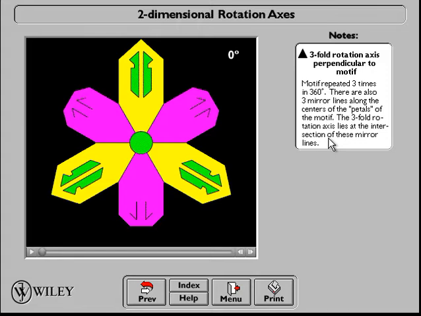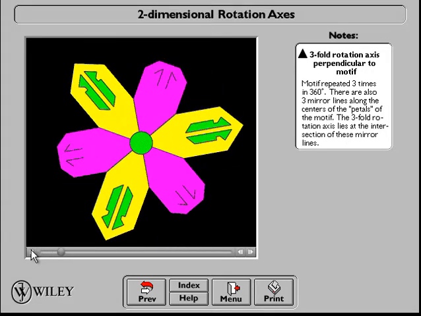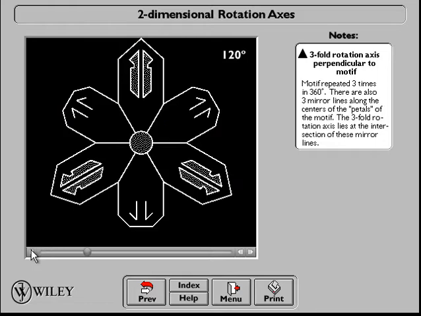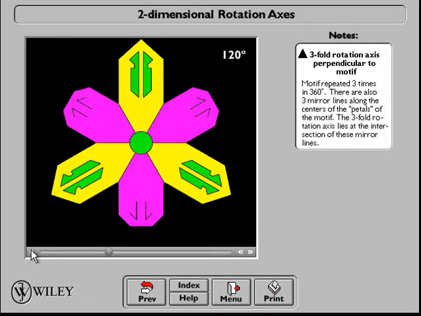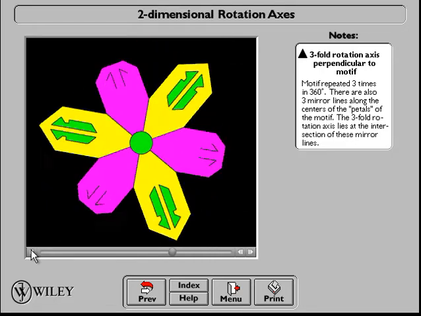So now we can repeat the whole example 3 times in 360 degrees. Let us check if this is true. We are turning it now 120 degrees, it repeats itself. Now we are turning it again, we are now at 240 degrees, it repeats itself.